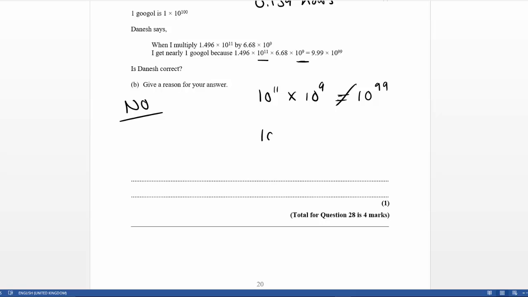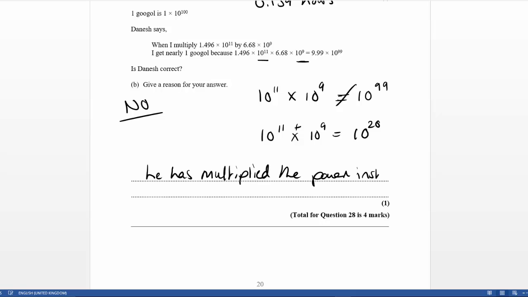You actually have to add the powers, so it's going to be 10 to the power of 11 plus 9. That should actually give you 10 to the power of 20. So he's wrong because he has multiplied the powers instead of adding them.